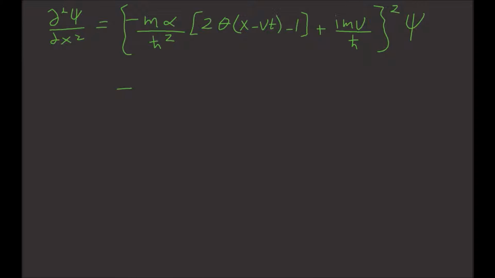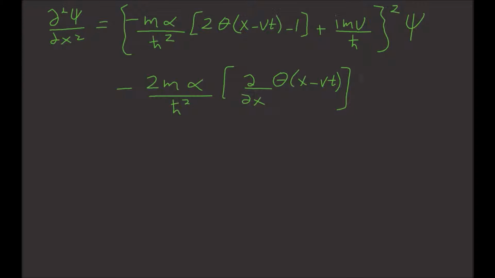Minus 2m, remember the product rule, times alpha divided by h bar squared times the x derivative of theta of x minus vt. Now this becomes very handy, video number 22.